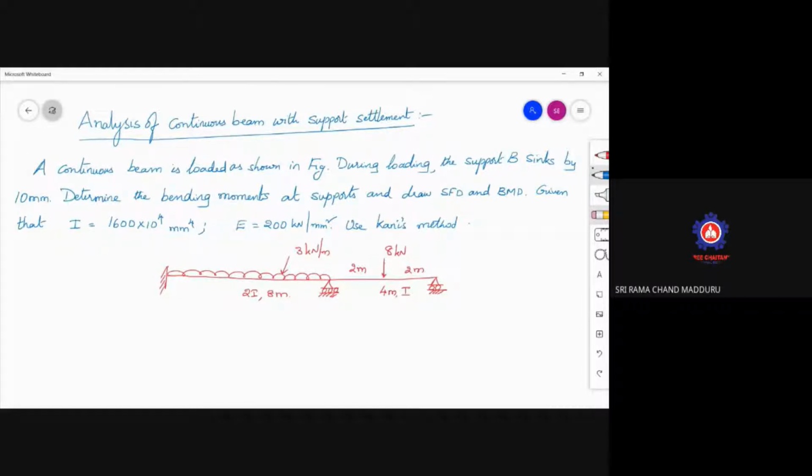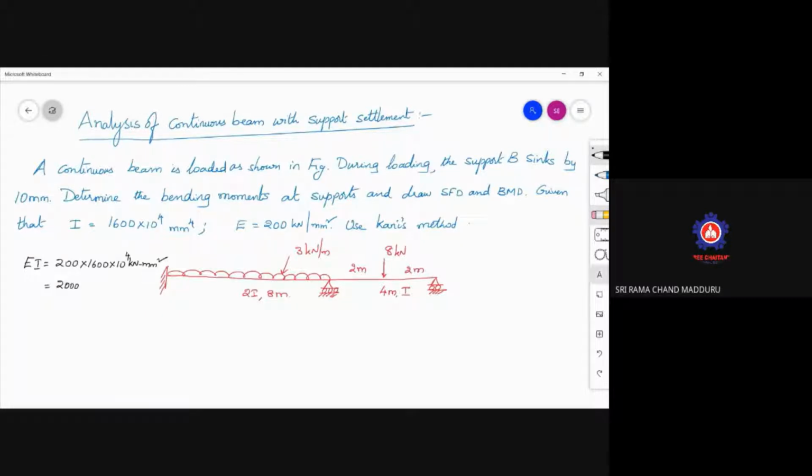So we can write down here, EI is nothing but flexural rigidity. EI is nothing but 200 into 1600 into 10 power 4, which will give the value in terms of kilonewton mm square. I would like to write it in terms of kilonewton meter square.